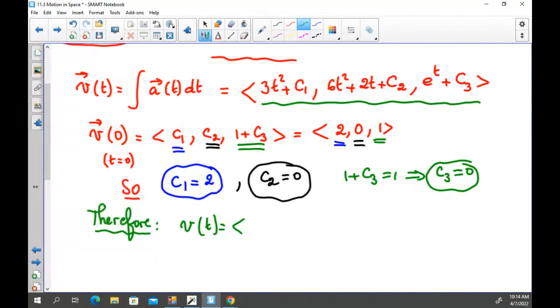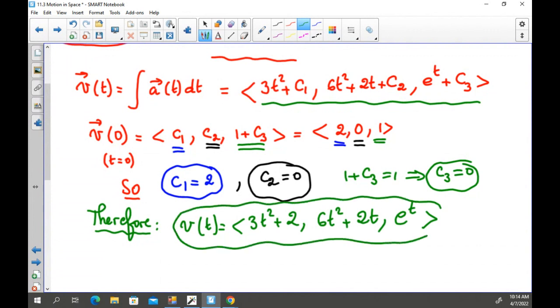So it's going to be 3t squared plus 2, 6t squared plus 2t, and then e to the power of t. And that is our velocity at any time t. So that's the velocity.